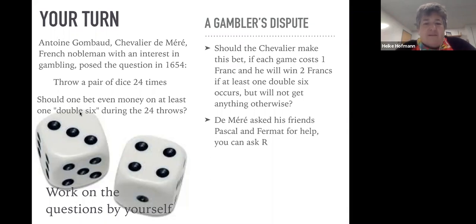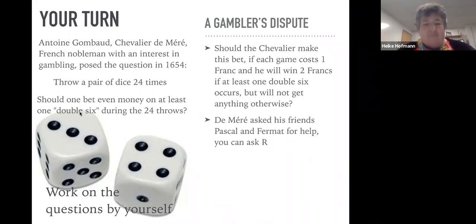So is it lucrative? Is it good for him? The Chevalier de Mere had really famous friends like Pascal and Fermat, and he actually asked them in correspondence for their help on this problem, which led to a lot of formal notation of probability theory.